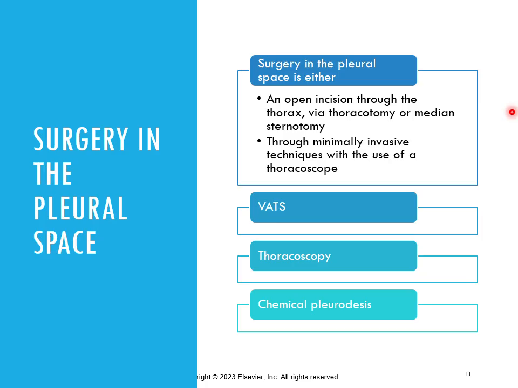It gets all irritated and inflamed, and then they stick together, but this really, really hurts. Pleurodesis is not pleasant, and they do need adequate pain meds when that happens. So it can be done. The use of either chemical or surgical pleurodesis can complicate or prohibit consideration of lung transplantation. So they have to be careful about who they do it on.